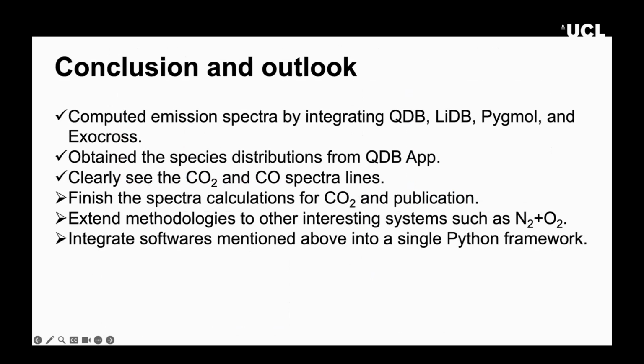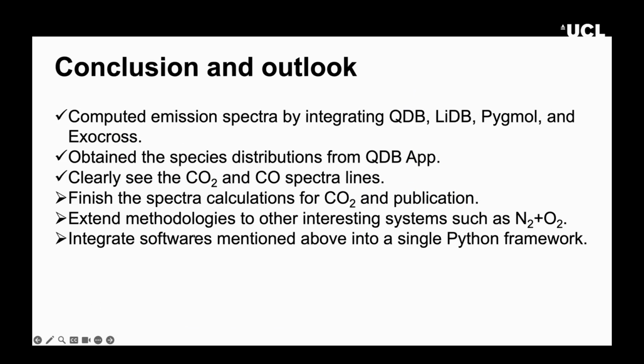In the following, we will finish the spectrum calculation for CO2 and population, and also we can extend this methodology to other interesting systems such as N2 and O2, the nitrogen gas and the oxygen gas.